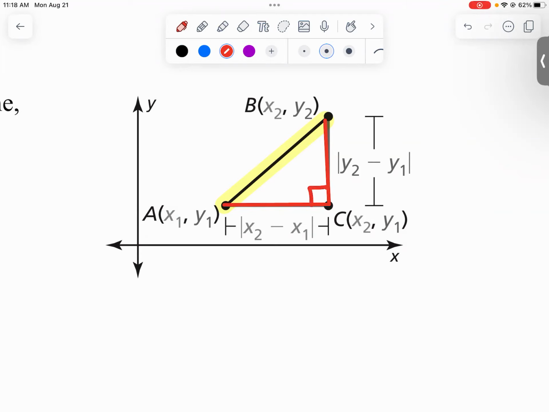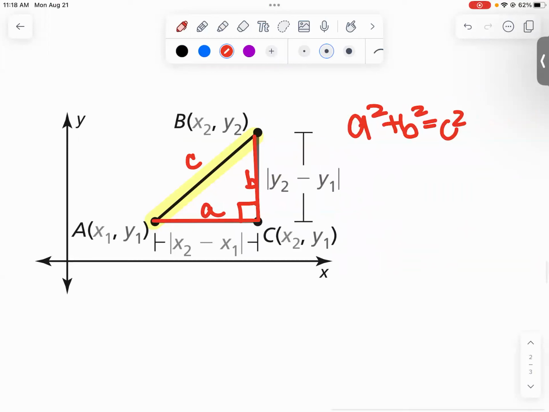Do you remember the Pythagorean theorem? A squared plus B squared equals C squared. So let's call this side A, this side B, and this side C. So if I wanted to solve for C, I would square root both sides to get the square root of A squared plus B squared.